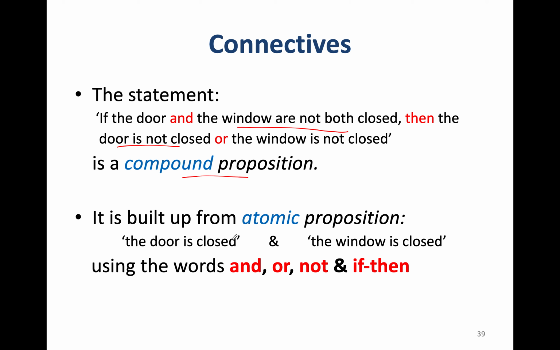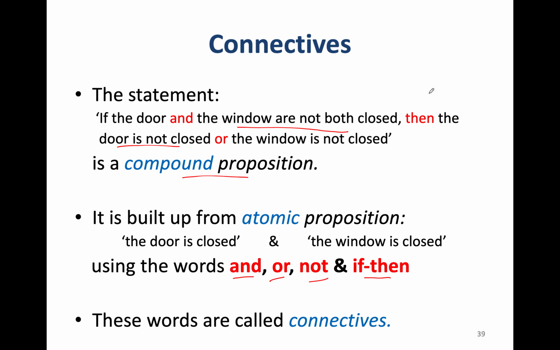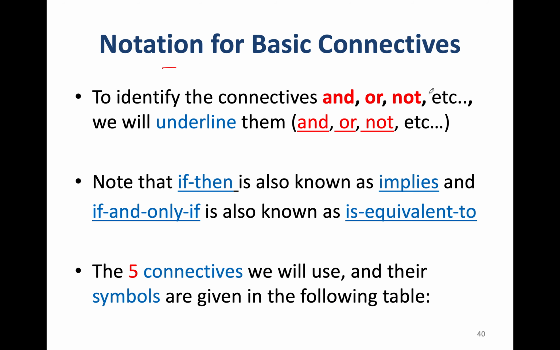Now, using those two propositions, we join them together in one compound proposition using the connectives, which are and, or, not, if then. Now we will see each connective, and how we can assign a truth value if we have it in a proposition. All right, now let's go deeper on the connectives.